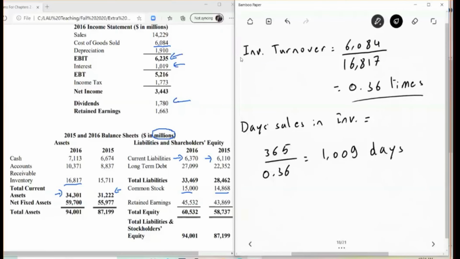Now, of course, when I have a very low number here, this means here I will have a very high number. So on average, it takes the firm more than 1,000 days to sell all of its inventory. And that's a very negative signal about the firm's ability to sell its inventory and generate revenues.